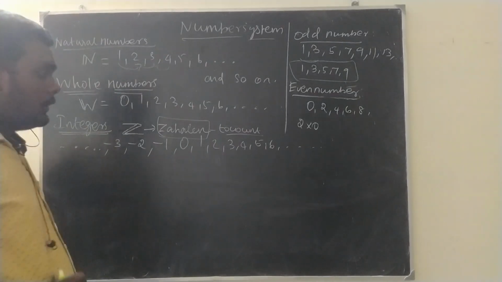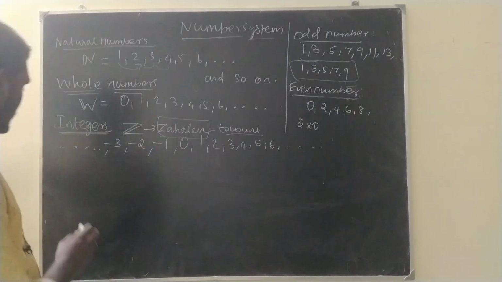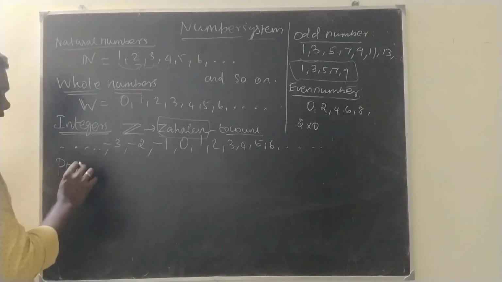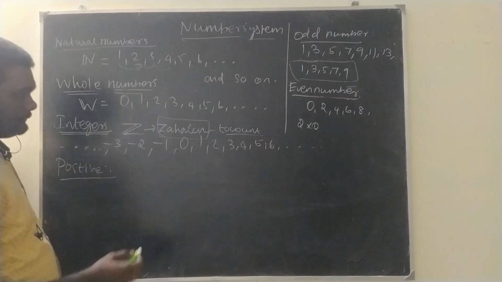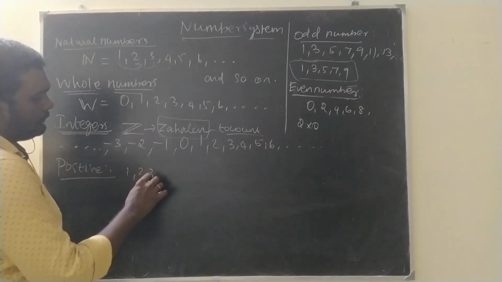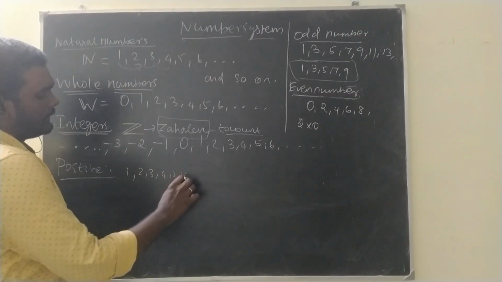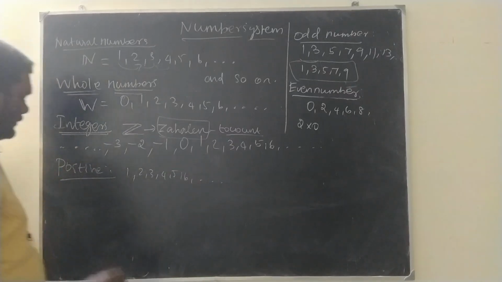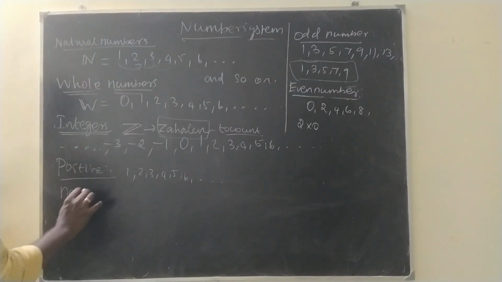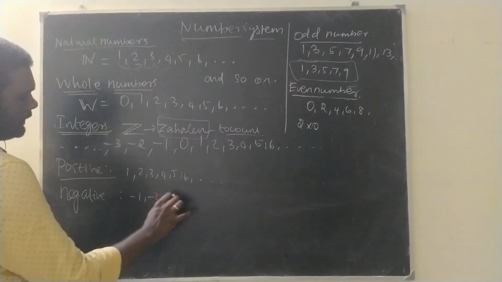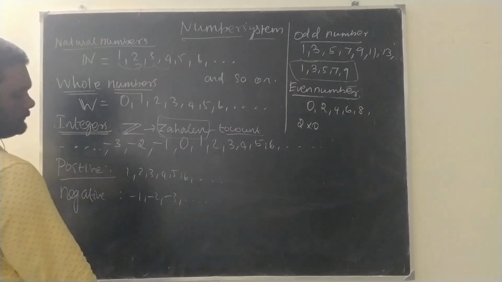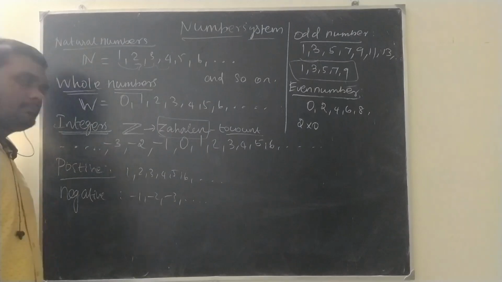Now, what are all the positive numbers you can say? 1, 2, 3, 4, 5, 6 and so on it goes. Negative numbers, negative 1, negative 2, and so on it goes.